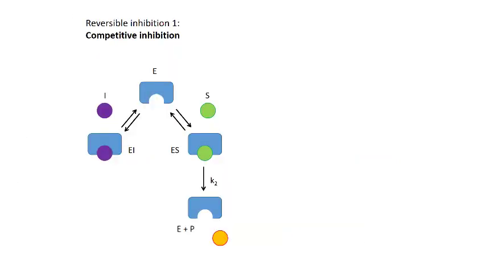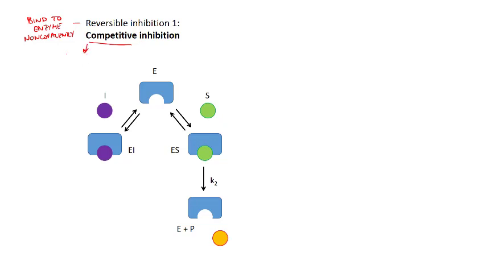Okay, let's talk about reversible inhibitors now. So remember, reversible inhibitors, they simply bind to the protein non-covalently. And the difference between the different reversible inhibitors mostly boils down to where they bind and what happens when they're bound. So the easiest and most common and most conceptually simple to understand type of reversible inhibitor is the competitive inhibitor.